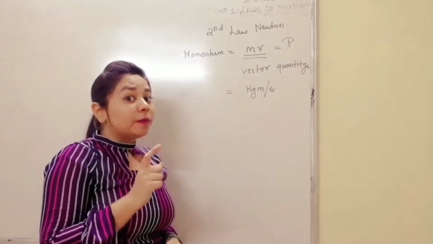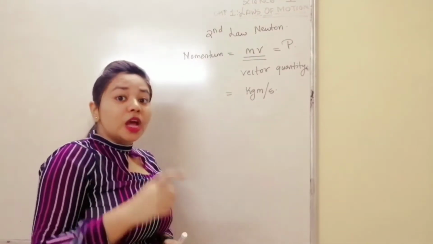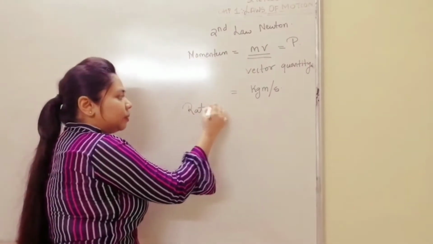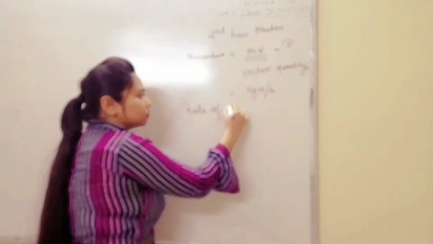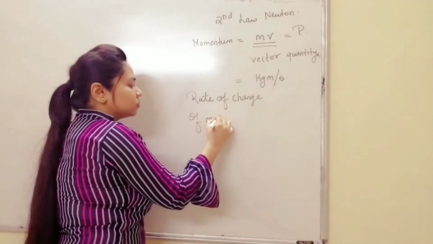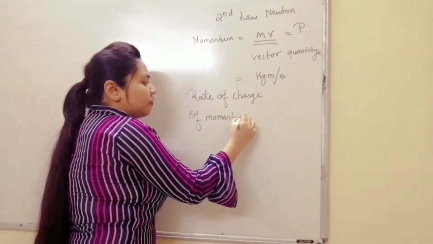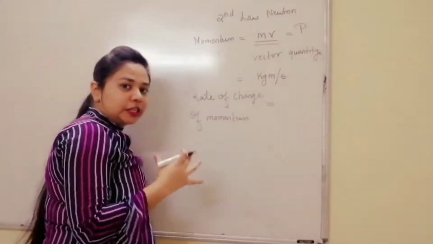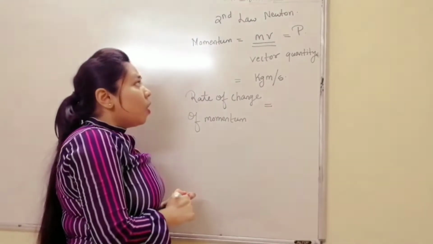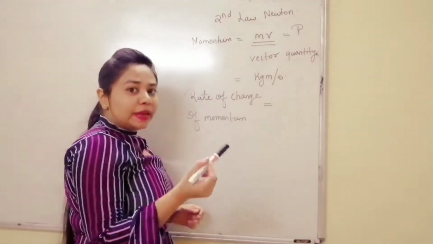Now, what is the change in momentum? We are talking about the rate of change of momentum. When we find the rate of change of anything, what do we do? Final minus initial. Now, final velocity is v. So, what will be the initial velocity? u.